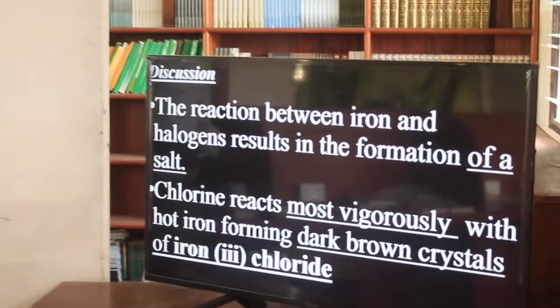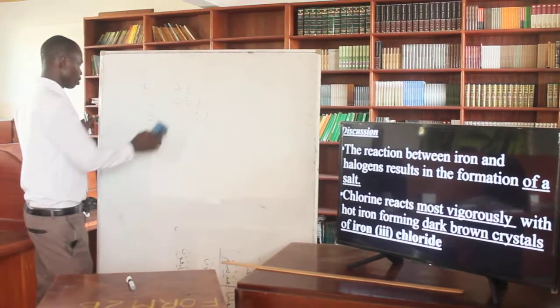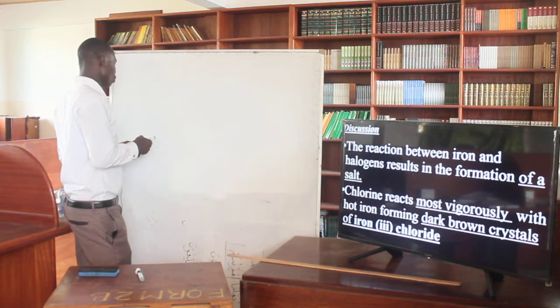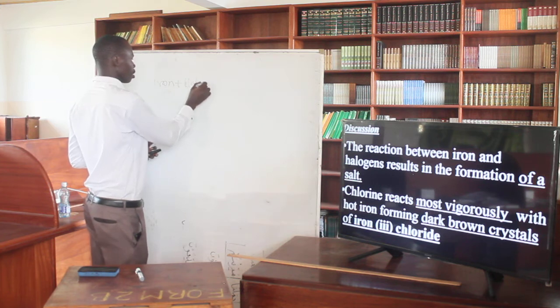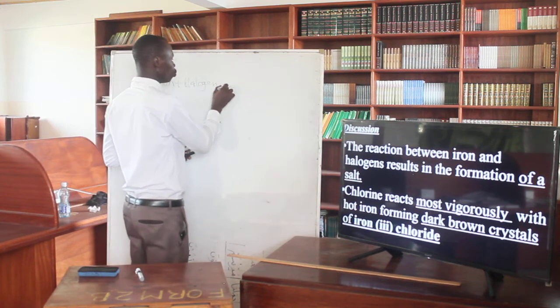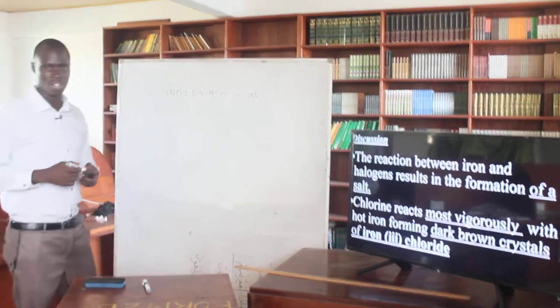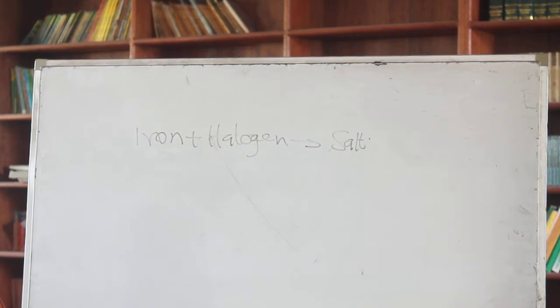Now, the reaction between iron and halogens always results in one thing. The general reaction is iron plus halogen should give you a salt. The one I want to begin with here is chlorine. Chlorine is the most reactive of those we are going to use here.